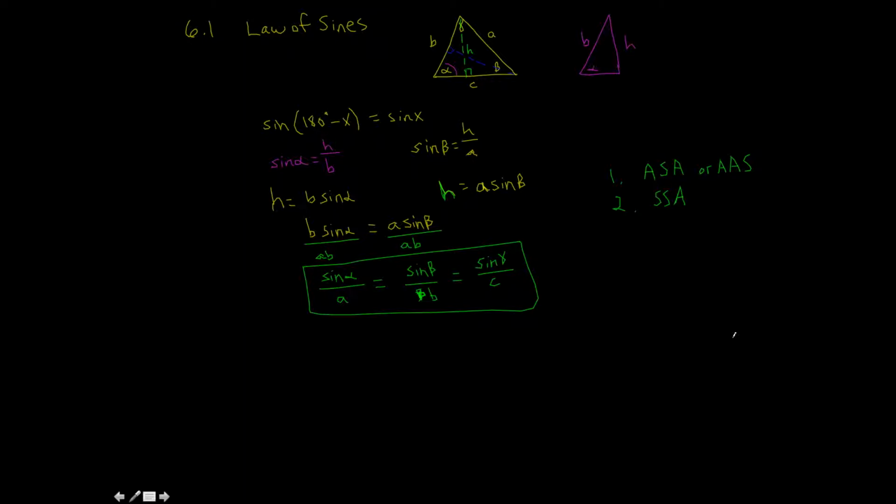Now, side, side, angle a lot of times is just referred to as the ambiguous case, because with side, side, angle, there are multiple ways that we can solve those problems, given what information you're given. So we will look more at that here in just a moment.